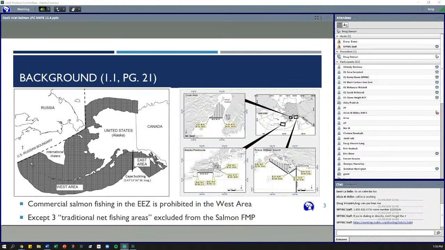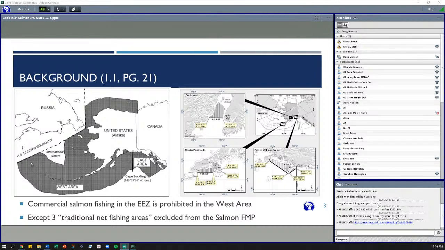And then there's some helpful background to considering this action. I'll start with the general federal management approach to salmon in the EEZ off Alaska. The salmon FMP divides management of salmon in the EEZ into two major areas, seen on the map there on the left side of the screen. That is the east area and the west area.